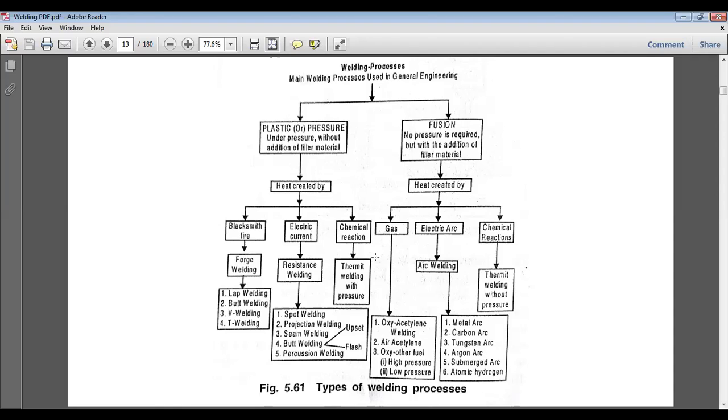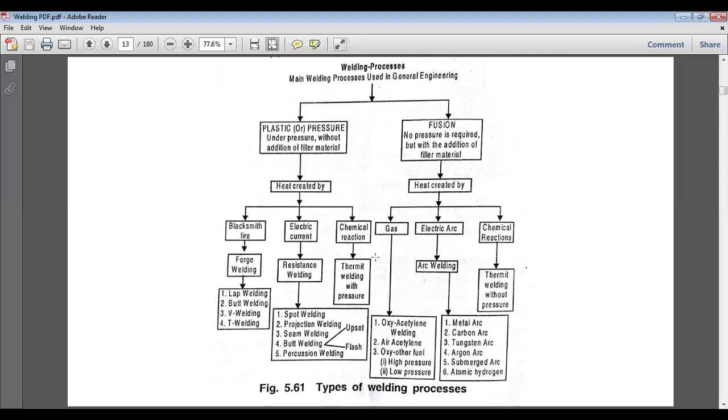Whereas in fusion welding, no pressure is required; the two metals from both sides come to their own and fuse together, with the addition of filler metal. When pressure is not applied, another metal is introduced in order to fill the gap, because there is a slight gap between the two fusing metals.